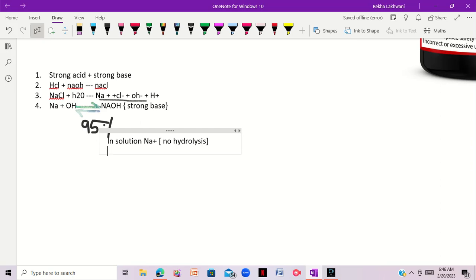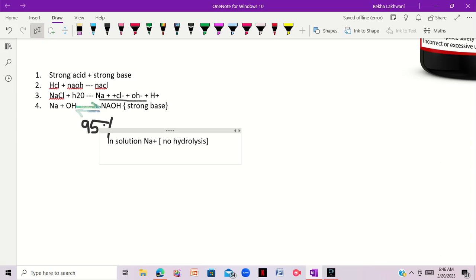I hope this is clear to you why strong acid and strong base don't show hydrolysis, because they are very strong components. They don't need any kind of hydrolysis, because it would be a reversible reaction, and these strong components want to dissociate into ions. They don't want to remain stable, like HCl. HCl is a strong acid, right?